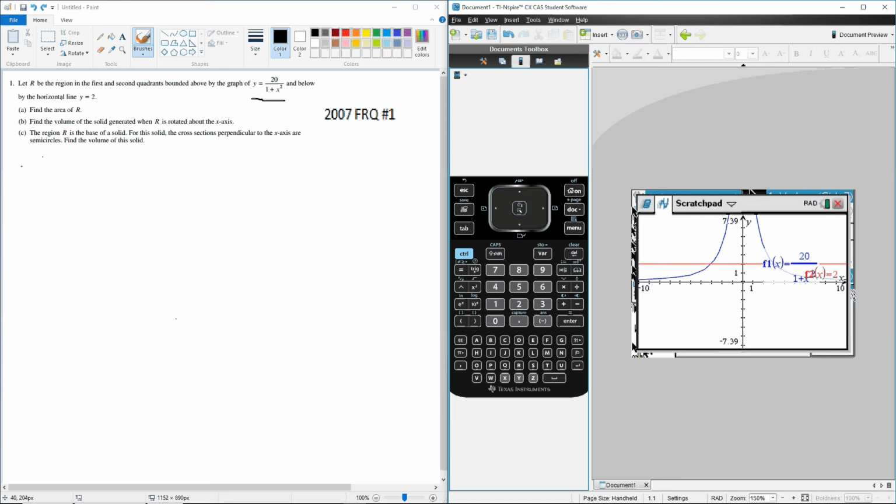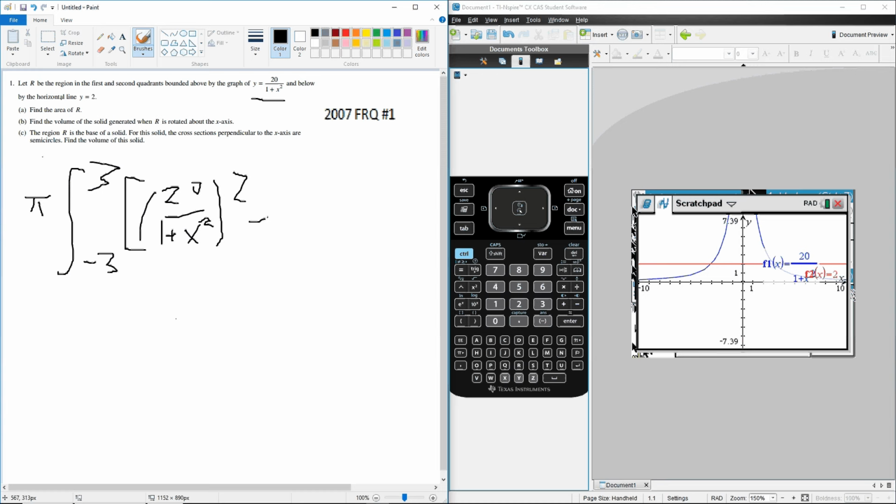Our formula that we're going to have to remember is pi times the integral from our lower bound to our upper bound of our outer radius squared minus our inner radius squared. Our outer radius is going to be 20 over 1 plus x squared, and then our inner radius is going to be 2 squared, which we know is 4, and then we're integrating that with respect to x.